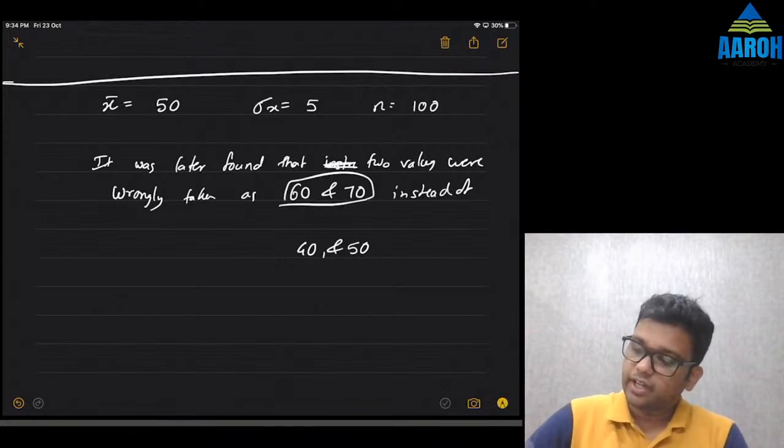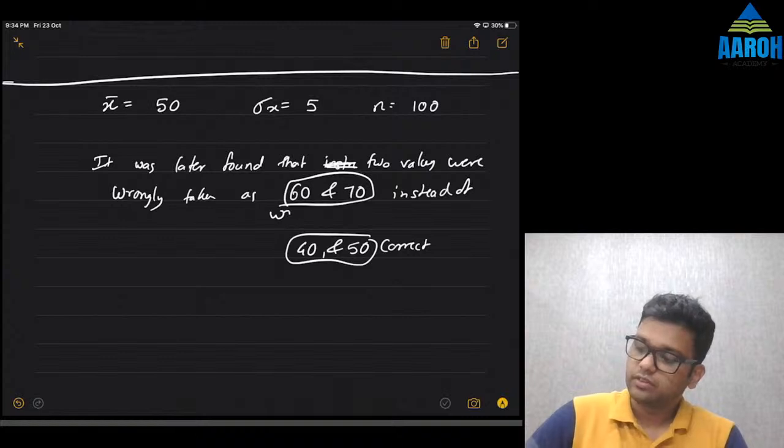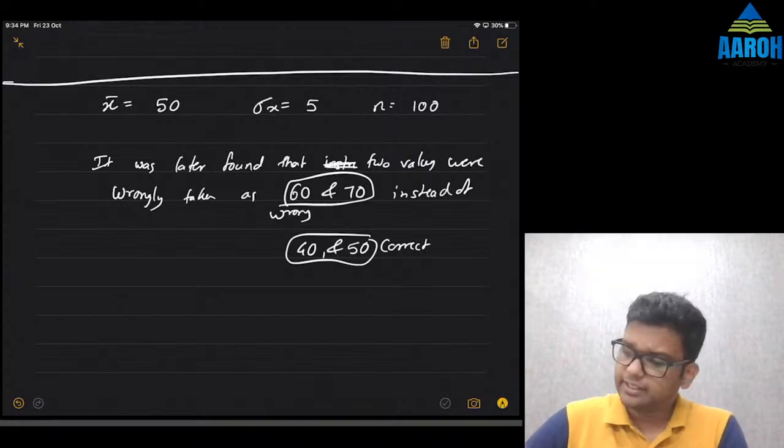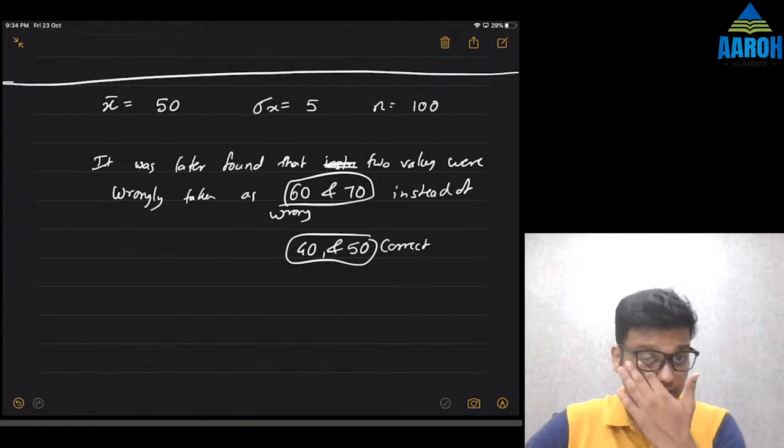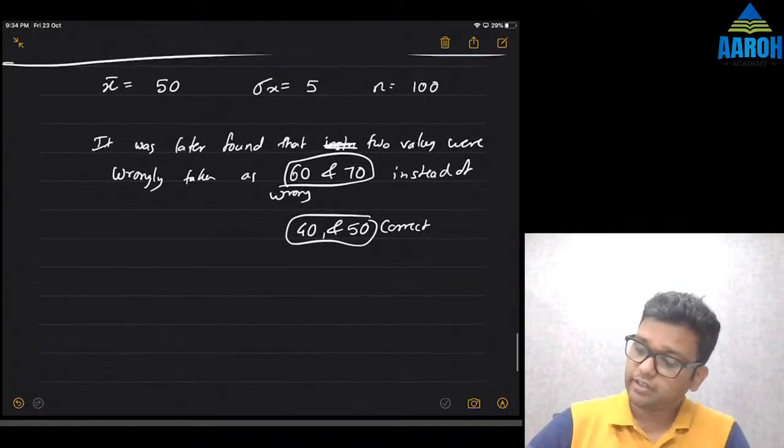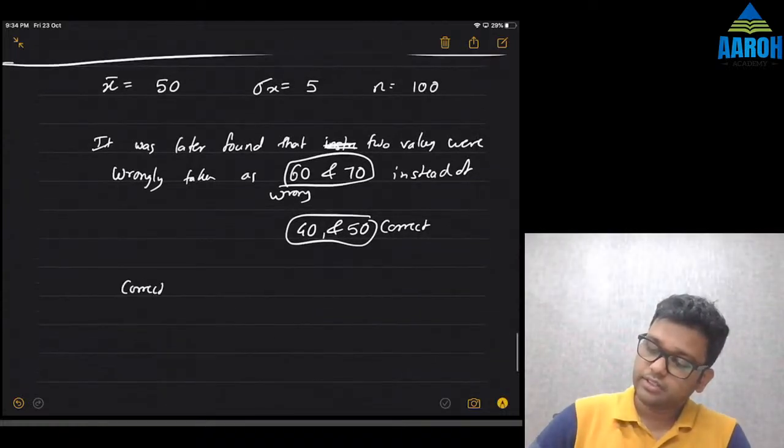That is, these were our wrong values, these are our correct values. Two values were wrongly taken as 60 and 70 instead of 40 and 50. You have to find correct standard deviation.